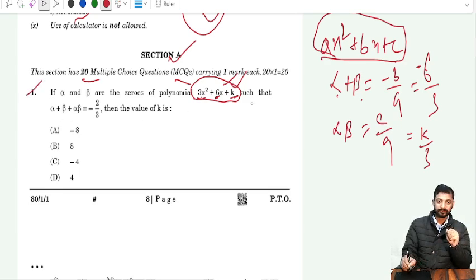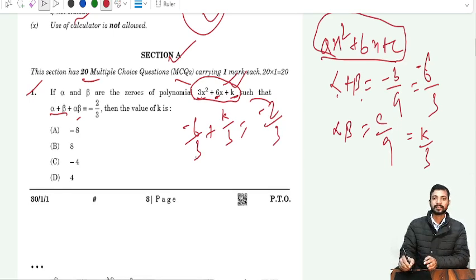Here it is given that alpha plus beta plus alpha beta is equal to minus 2 upon 3. We have found alpha plus beta is minus 6 upon 3. So this question is saying that minus 6 upon 3 plus alpha beta, which is k upon 3, is equal to minus 2 by 3. You have to solve this.